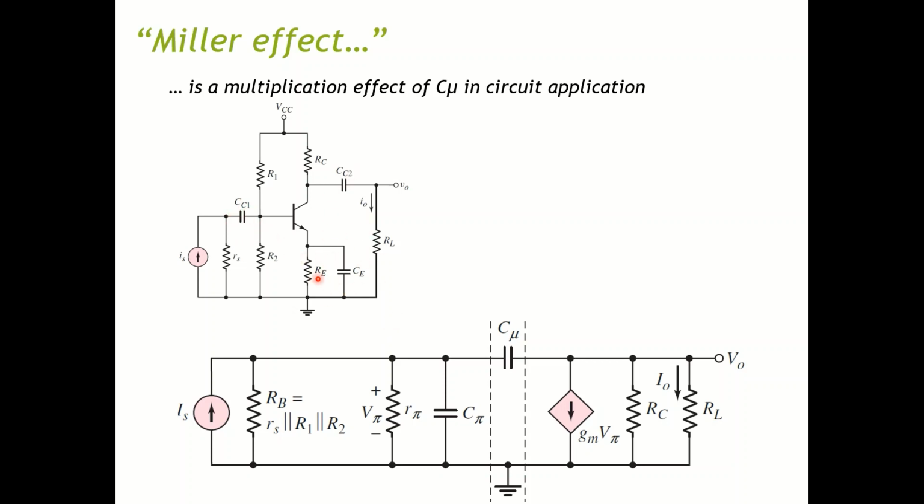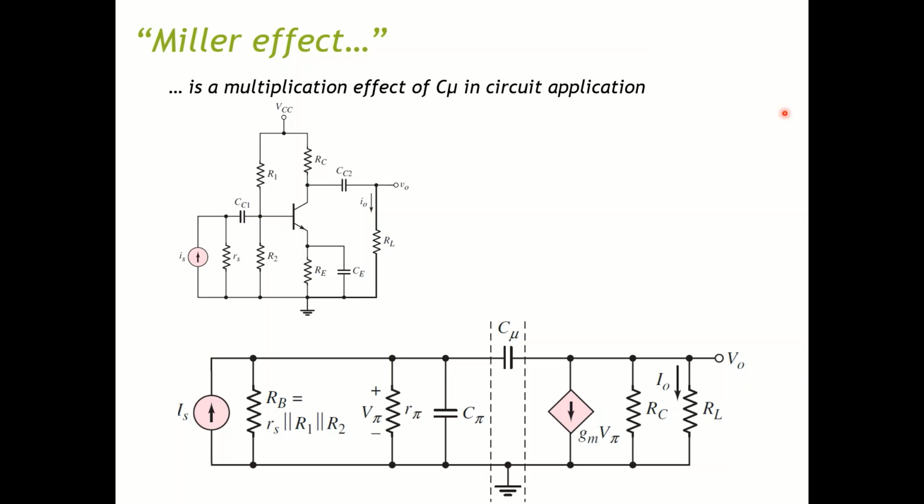So the coupling and bypass capacitors will be short circuit because the frequency is high enough. Plus, we have to assume there's no Early effect. Therefore, r_o, the internal resistance between collector and emitter, C prime and E prime, will be open circuit.